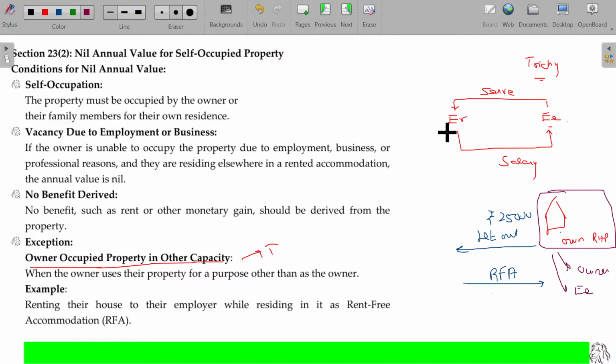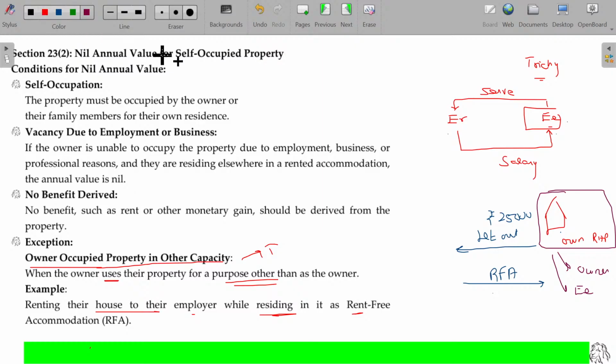So when the owner uses their property in a capacity other than owner, renting their house to their employer while residing in it as a rent-free accommodation, then for this employee, for this house property, no GAV and NAV will be calculated.